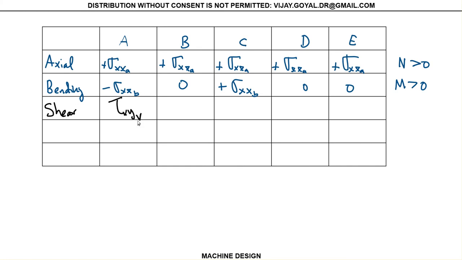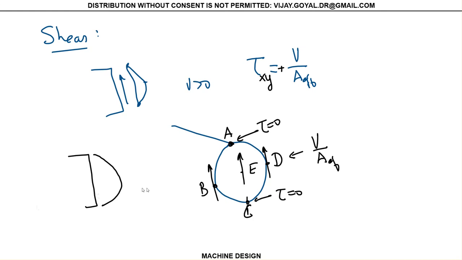V as in shear is 0 here, 0 there, plus tau xyb, plus tau xyb, plus tau xyb. This is for V positive. Again, you just have to evaluate one point at a time what is really happening.